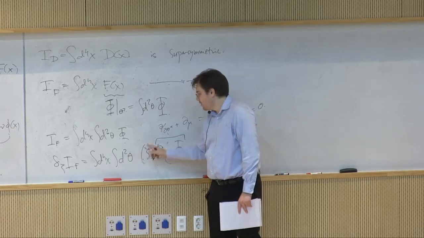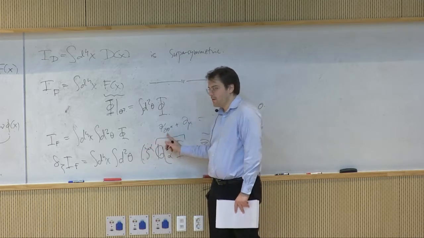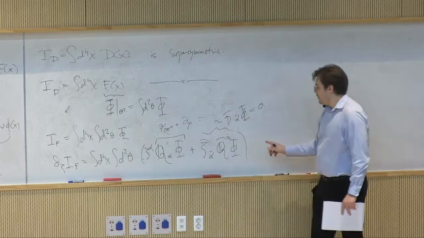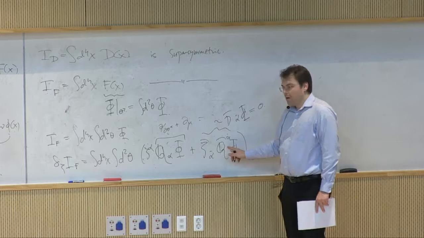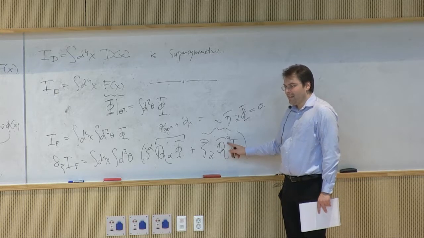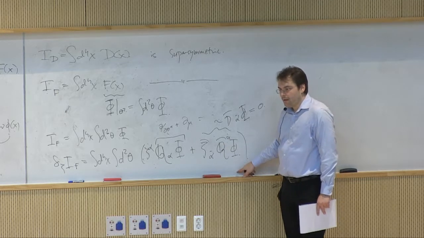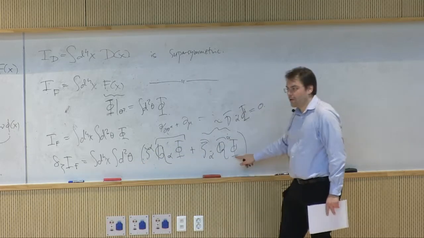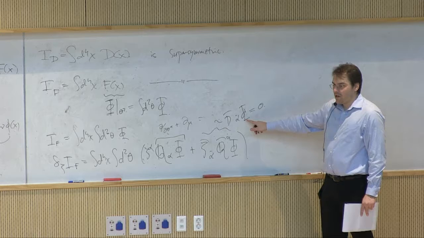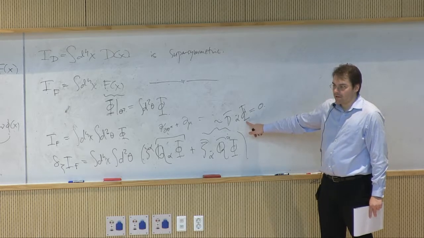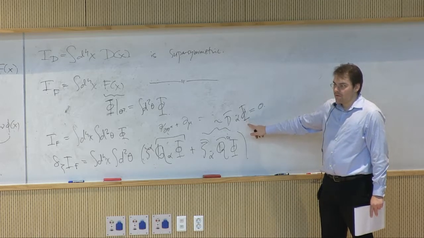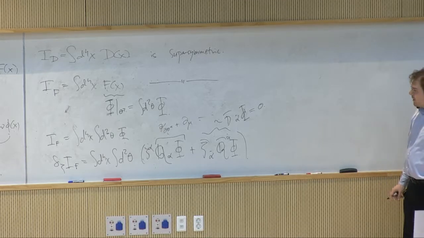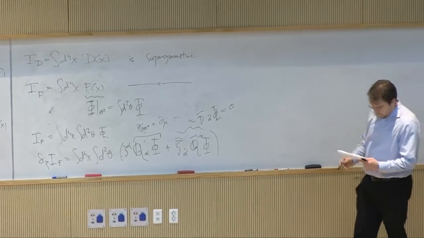So we can still use translational invariance along the theta directions to get rid of this term. We couldn't do that over here, right? If you look at Q bar, it contains not d/d theta, but d/d theta bar, and we're not integrating over d/d theta bar. So this argument wouldn't have worked here. It only works because Phi happens to be chiral. So that's the reason we can get away with only integrating over half of superspace and still getting a supersymmetric result.